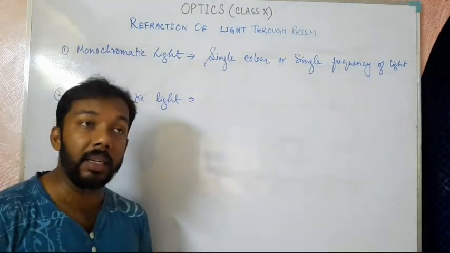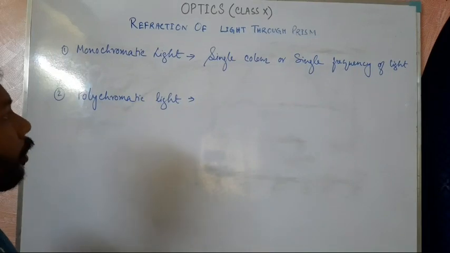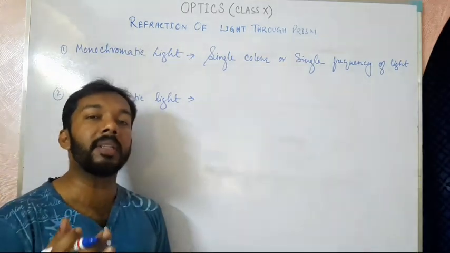Now what is polychromatic light? Mono means one and poly means multiple. So polychromatic light is something which has got more than one color.